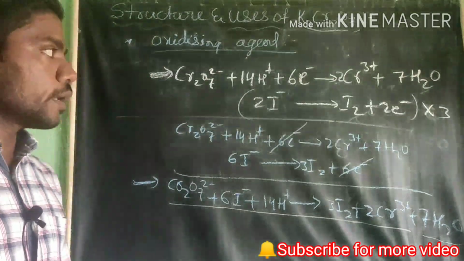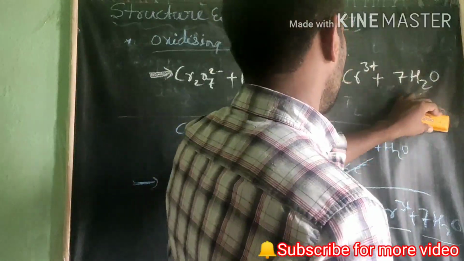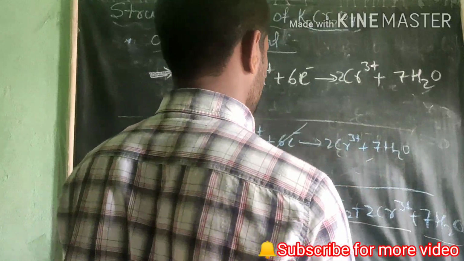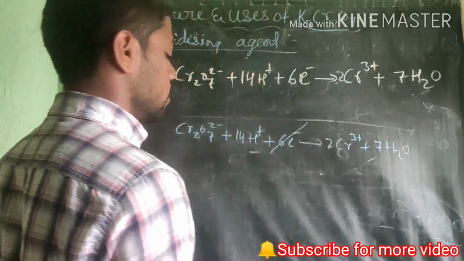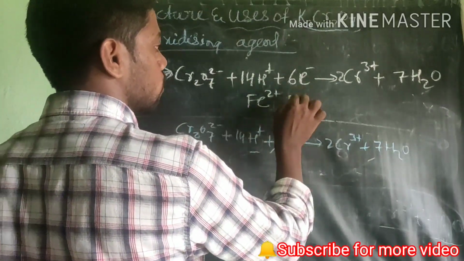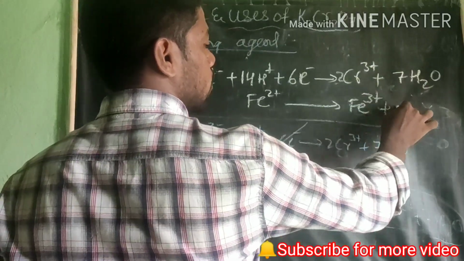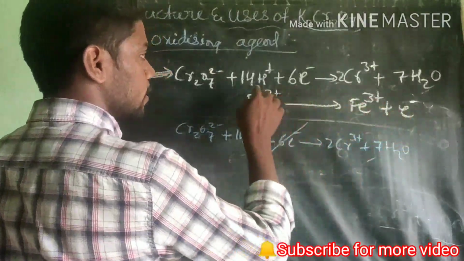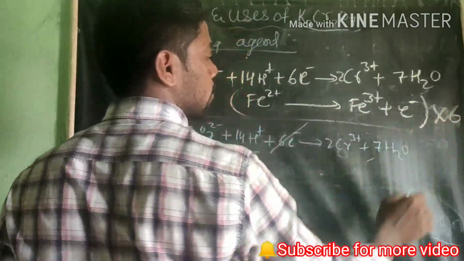This is very important. Okay, one more question I will solve. Explain the oxidizing nature of K2Cr2O7 in the conversion of Fe2 plus to Fe3 plus. Fe2 plus to Fe3 plus is liberation of 1 electron. You see here only 1 electron is liberated, while here there are 6 electrons. Therefore the whole equation is multiplied by 6.